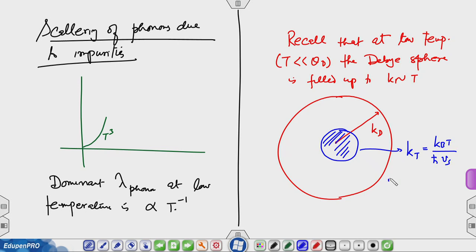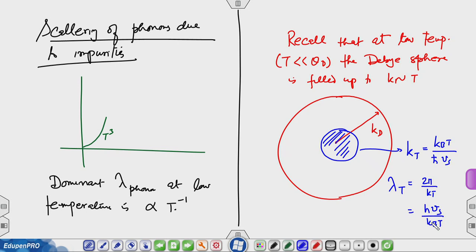And therefore, lambda at this temperature is 2 pi over k T, which comes out to be h V s over k B T. So, smaller the temperature, larger wavelengths are going to be dominant.